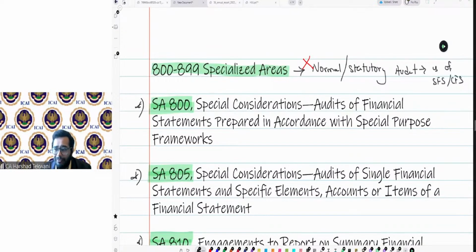Now when I talk about financial statement under SA 800 series, audit of a financial statement, again I do not specify whether it's a standalone or consolidated financial statement. I only say financial statement.